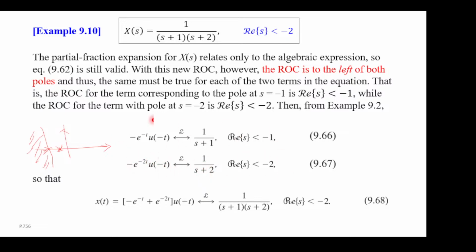Then we double check the ROC: the intersection is less than -2, so that's good. The time domain signal is a linear combination of those two: minus e to the minus t plus e to the minus 2t, times u of minus t.